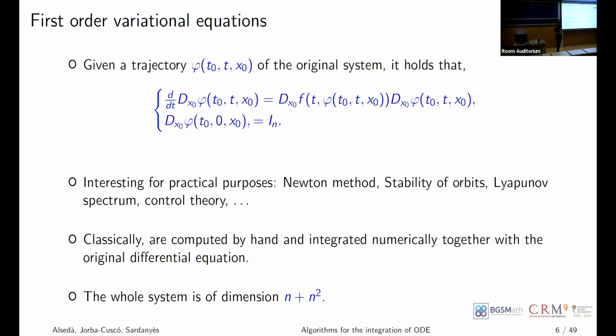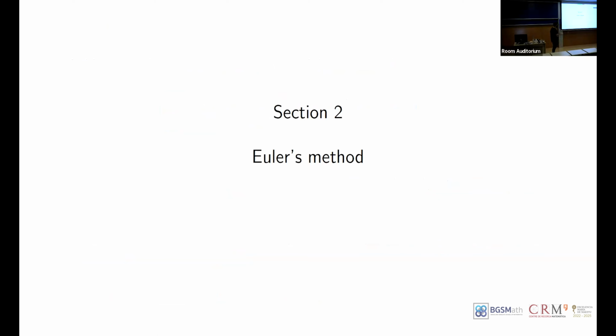There are many applications with first order variational equations and higher order. I mean, you can also expand the flow up to any desired order. Okay, so that's just a little bit of jargon.